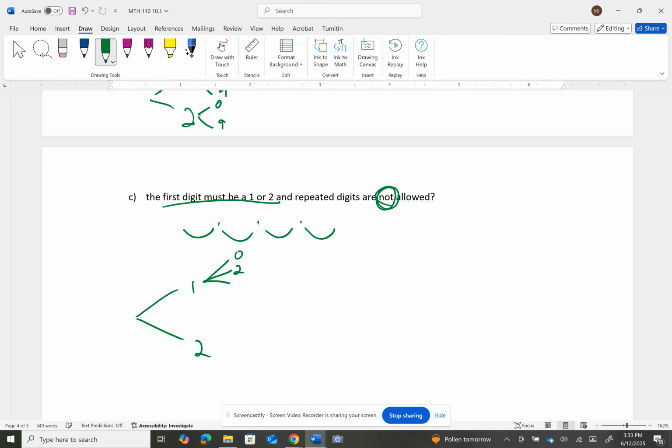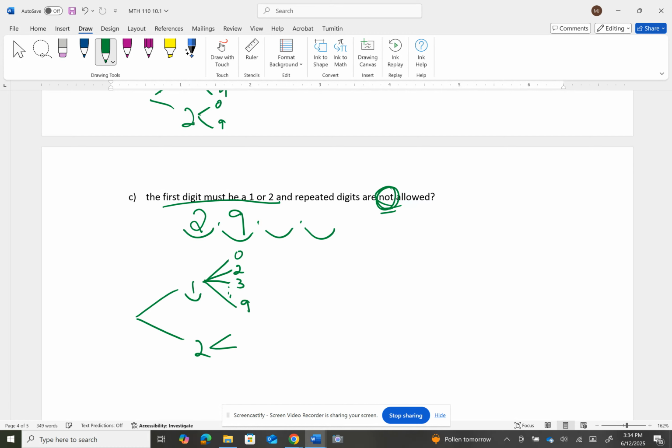So it'd be 0, 2, 3, all the way down to 9, right? So I would have not 10 possibilities, but 9 possibilities. So 2 possibilities for the first digit, and whatever I used for the first spot, I can't use for the second spot. So then I'm down to 9 possibilities there.